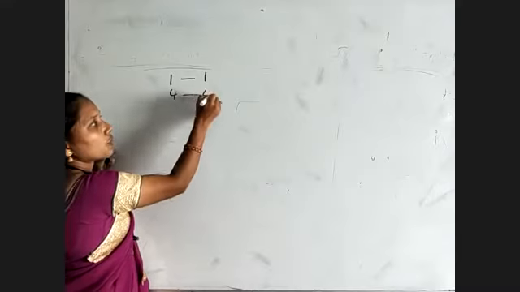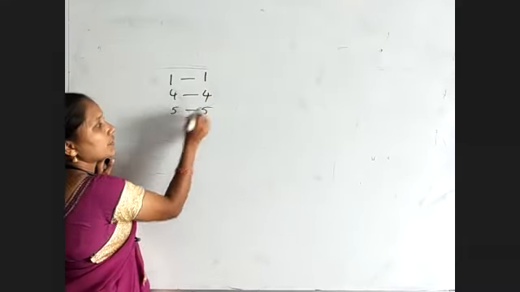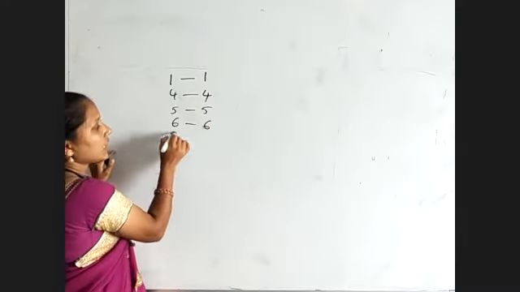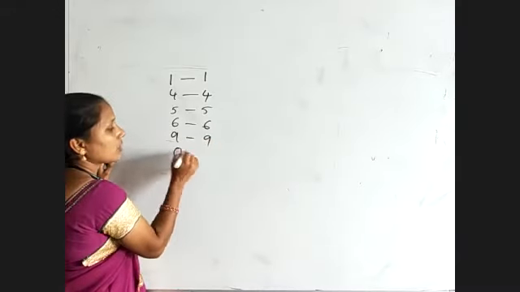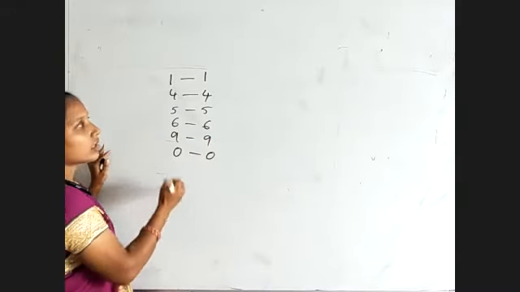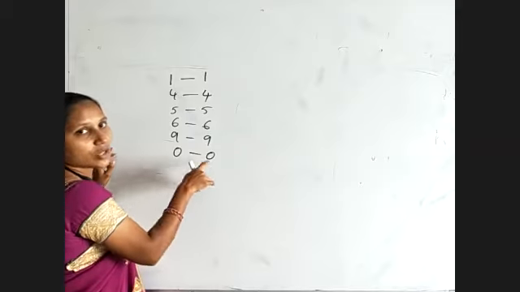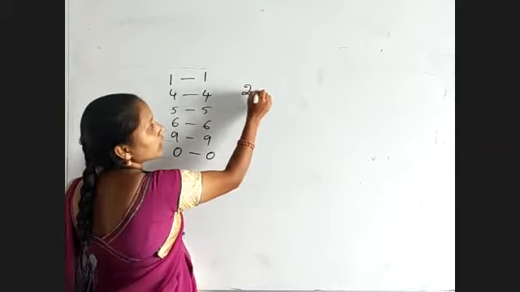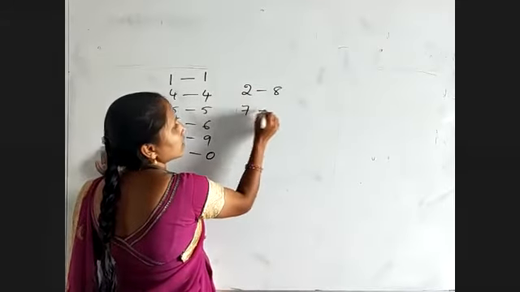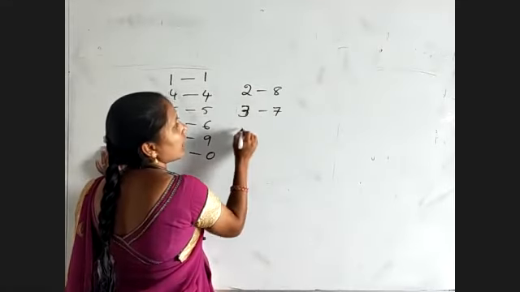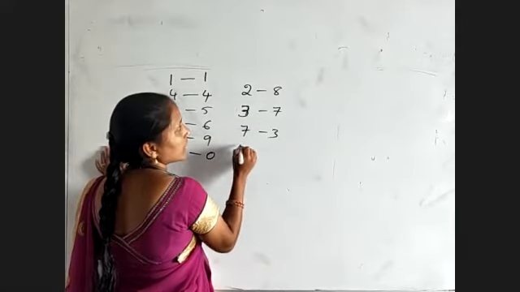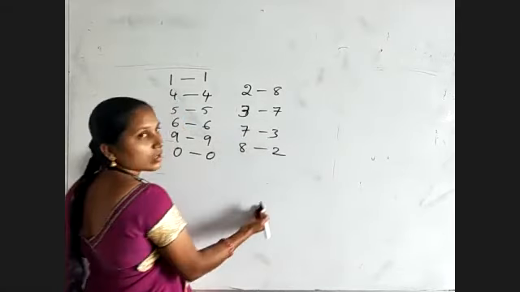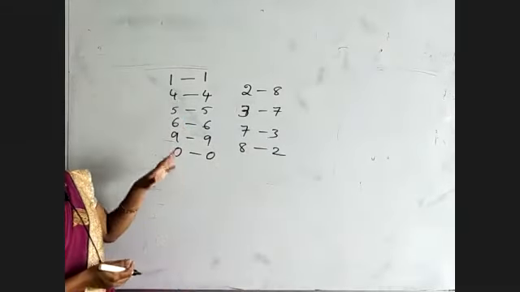So 4 also 4 only, 5 is 5 itself, 6 is 6 only, 9 is 9, and 0, 0 only we will get. But here the number of zeros will be multiples of 3. And 2 will get 8, 3 will get 7, 7 we are going to get 3, and 8 we will get 2. So these are the properties of a cube value.